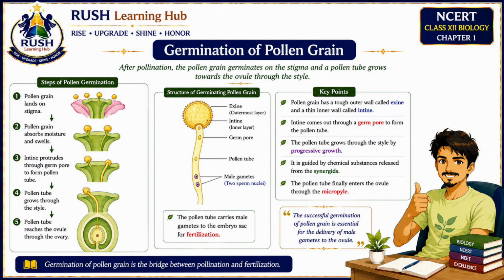This pollen tube grows through the tissues of the style and carries the male gametes towards the ovule. The growth of the pollen tube is guided by chemical signals released by the synergid cells present in the embryo sac. The pollen tube usually enters the ovule through the micropyle, a process known as porogamy. Once the pollen tube reaches the embryo sac, it releases the two male gametes.